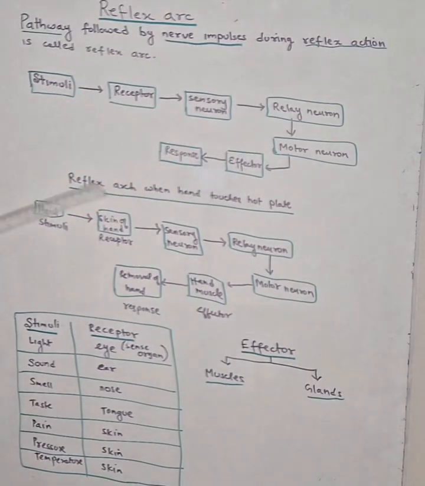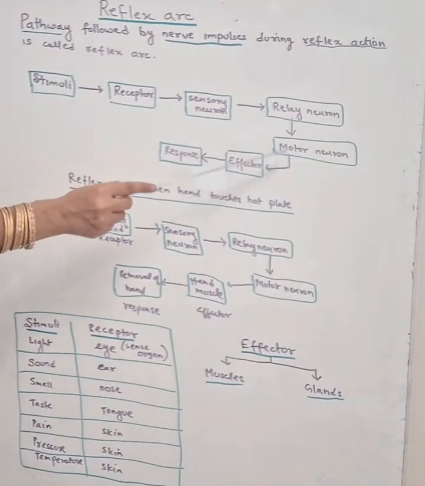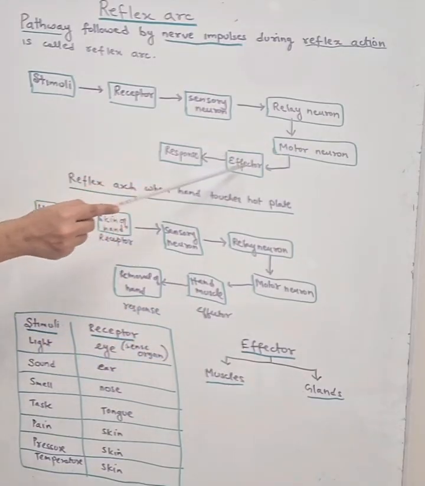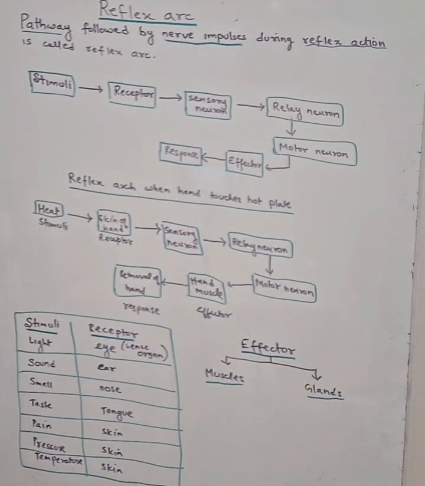Since the glucose level is high in the blood, insulin must be secreted, and insulin is secreted by the pancreas, which is a gland. So the motor neuron will bring the message to the pancreas. The effector here will be the pancreas, which is a gland, and it secretes insulin, which will balance the glucose level in the blood. So I hope I made you understand, right?